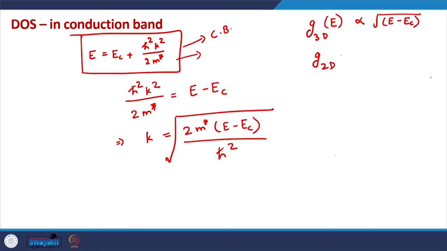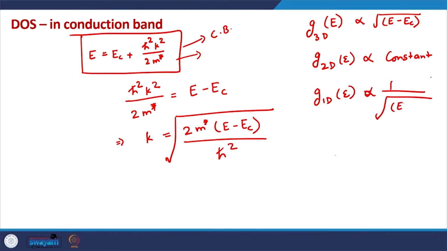G2D(E) will still be constant because it was already independent of energy, and G1D will be inversely proportional to the square root of E minus EC.